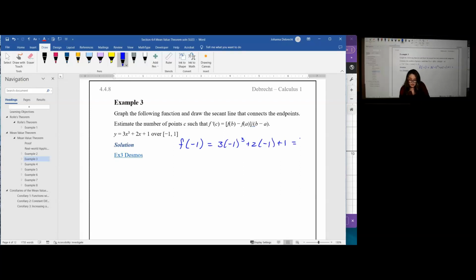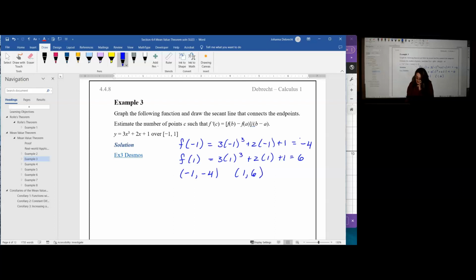This ends up being -4, and when we substitute 1 into the original function, we end up with 6. This gives us the two ordered pairs, -1, -4, and 1, 6.